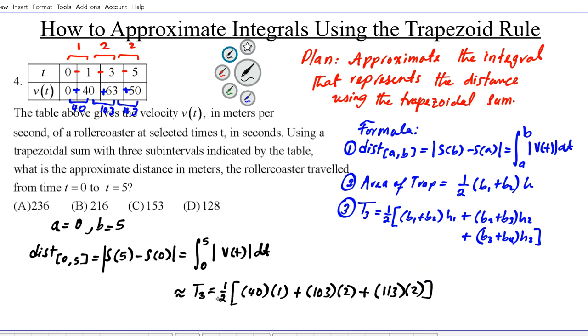Now we have a 1/2 here, so we can just distribute the 1/2 to everything because it will help simplify these. Half of 40 times 1 is 20, plus the 2 cancels out with that 2, plus 103, plus the 2 cancels out with this 2, 113. If you add it all together, you get 236 meters as the distance covered.